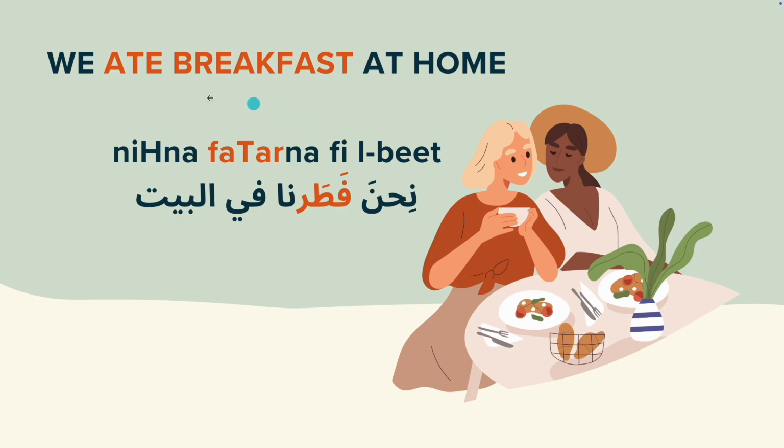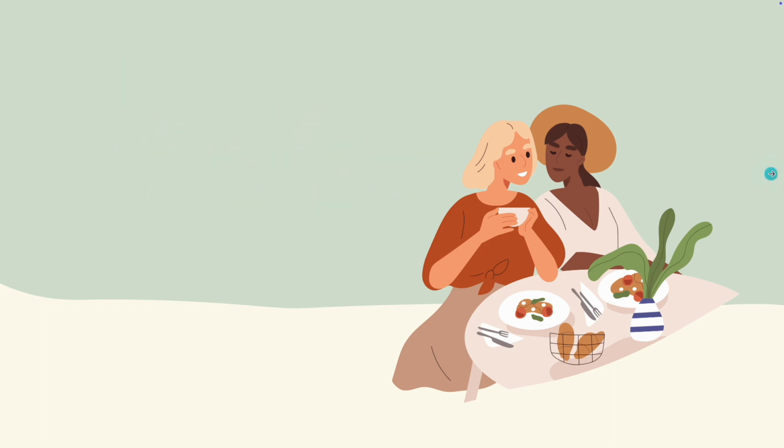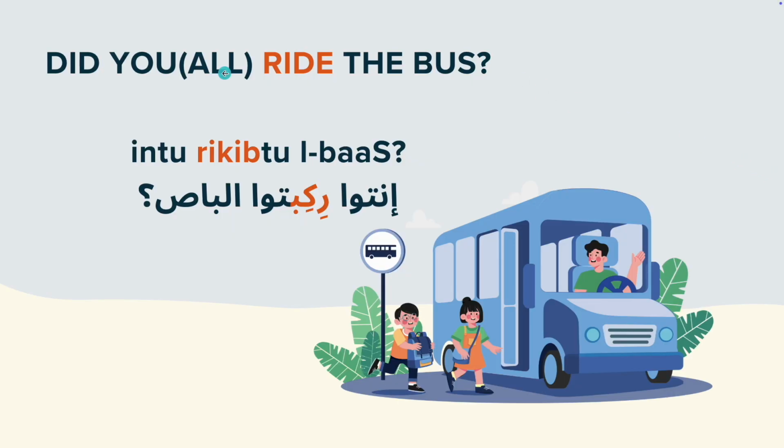They rhyme together. And if you want to ask a group of people, did you all ride the bus? Just say into ركبت الباص. Again, both the verb suffix and the pronoun rhyme. Did you all ride the bus?